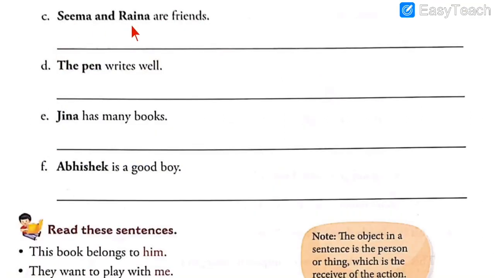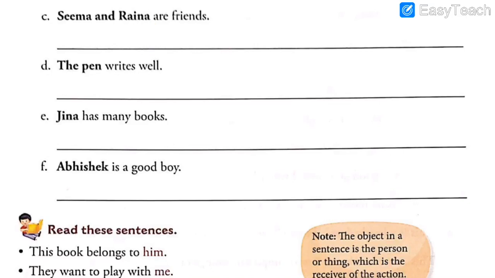Seema and Raina are friends. Now it is about two. Is it one person or more than one? It is more than one person. One girl, one boy, Seema and Raina.